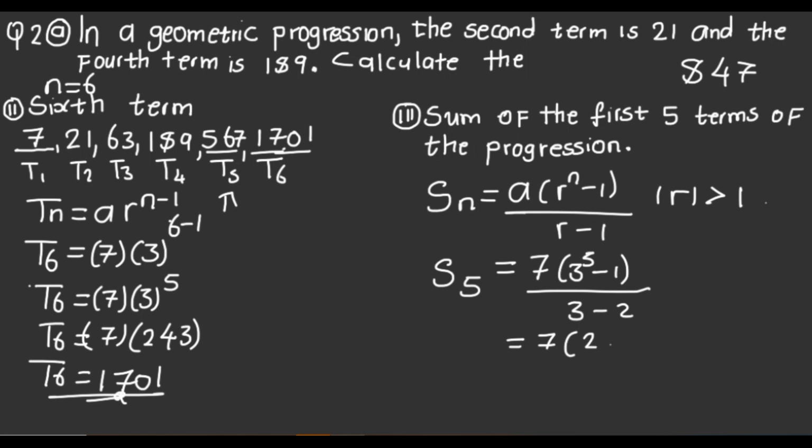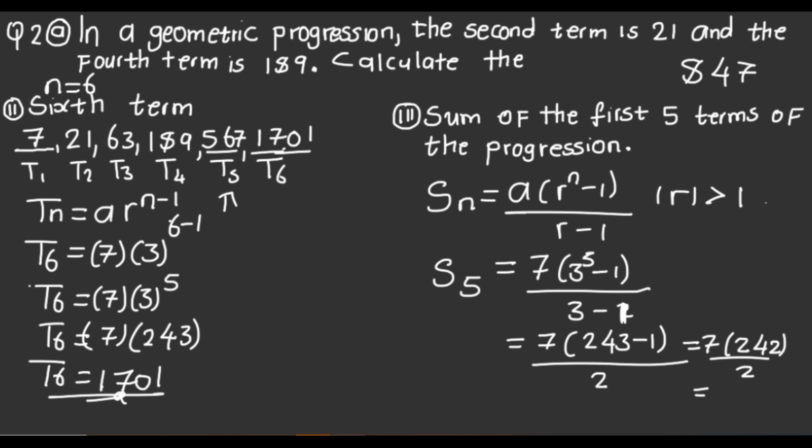So we have 243 minus 1 over 3 minus 1, which is 2. Then we are going to have 7, 243 minus 1 is 242 over 2.